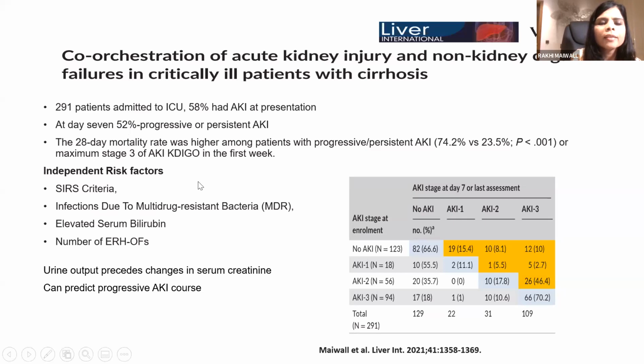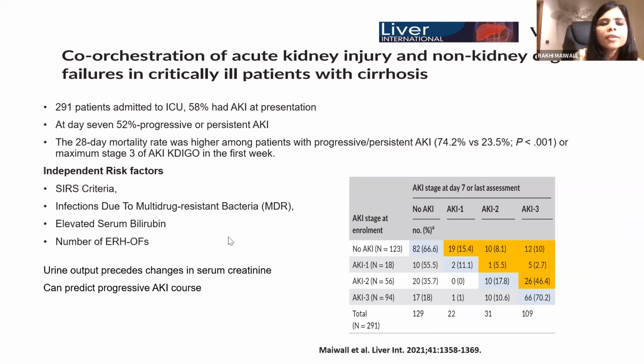And this progression or persistence of AKI, despite therapeutic management or interventions, was associated with worse outcomes. And that is why AKI management becomes very, very important, because it also influences the prognosis of these patients. And what we found here was what governs this progression or persistence is the presence of systemic inflammation, the infections due to drug-resistant or multi-drug-resistant bacteria.